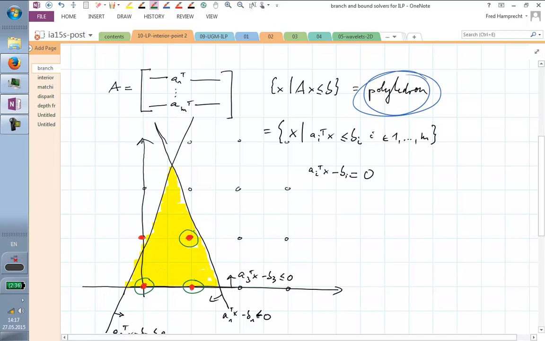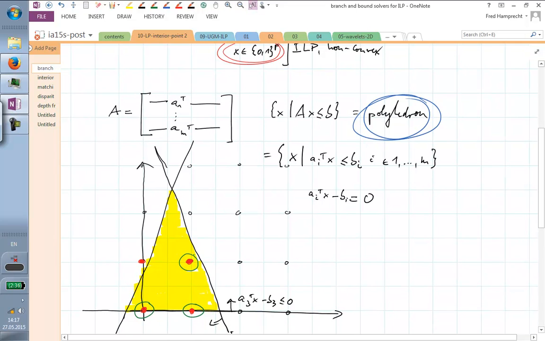So let's say, for example, that the vector C points in this direction.